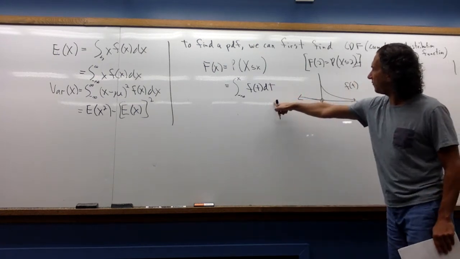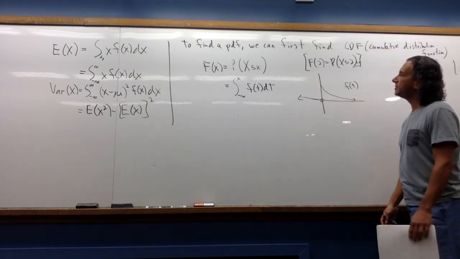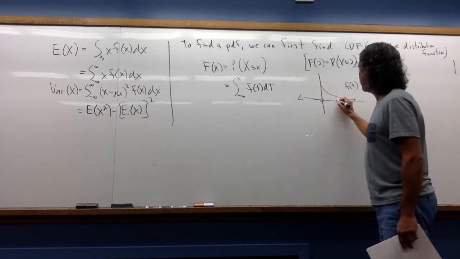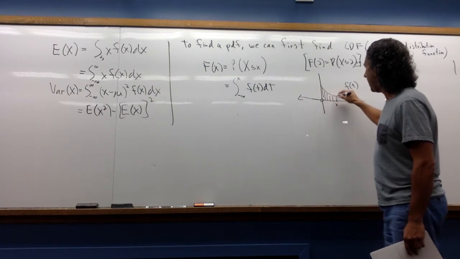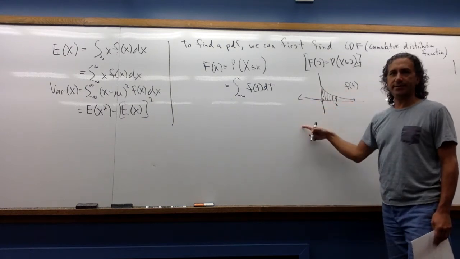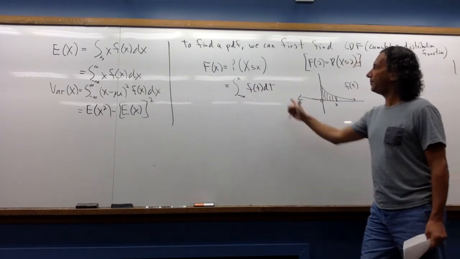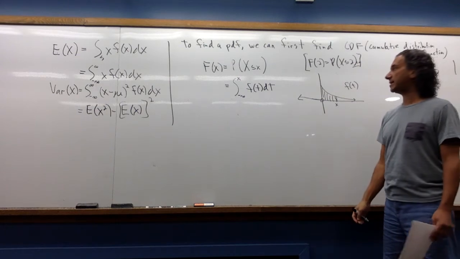So it happens to be 0 over here, and it's a decreasing function there. So if I integrate from negative infinity to a particular x, aren't I getting the area under the curve to the left of this? Yeah, I am. So this is why this is this guy. It's the same thing as the probability that big X is less than or equal to x.